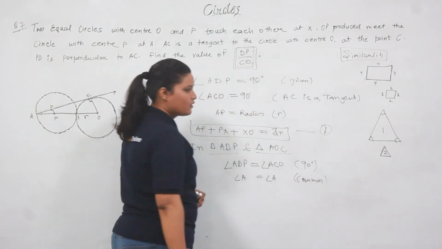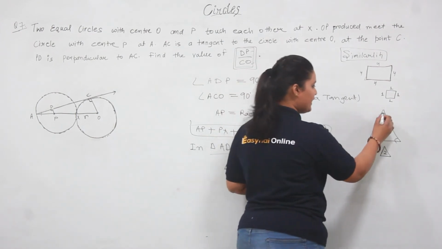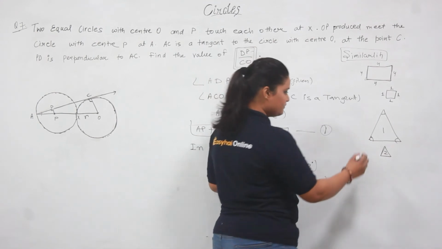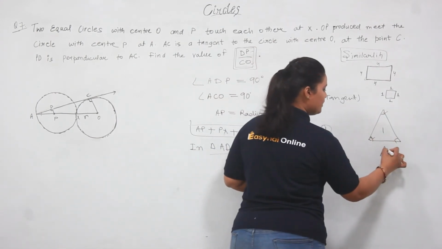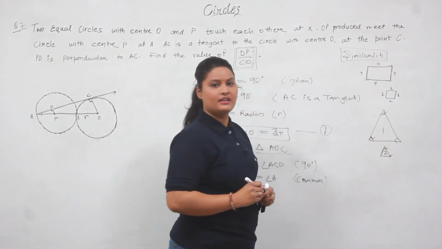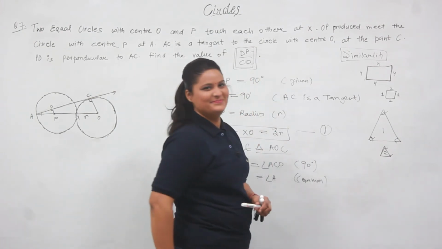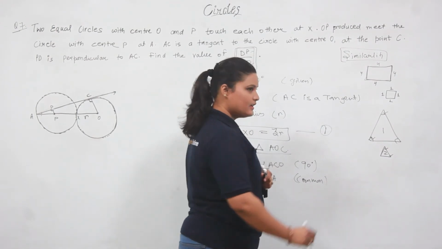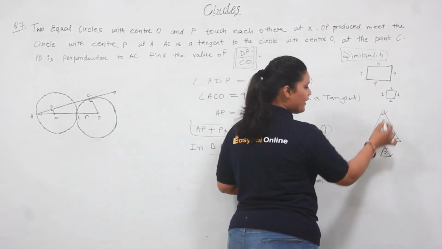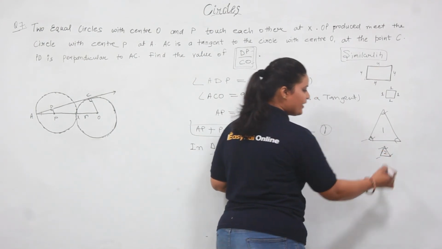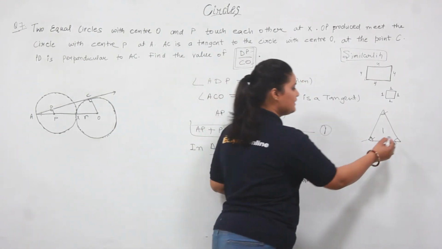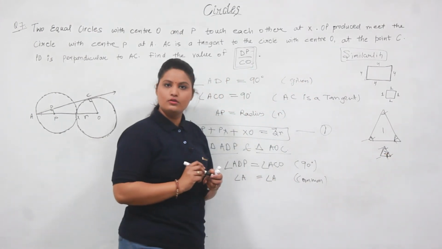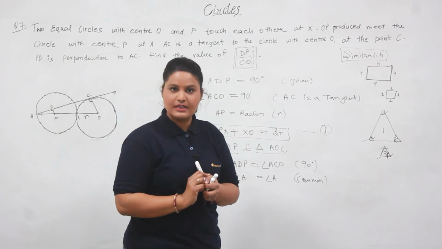Similarity can be proved if I prove that the angles are equal to the angles of the other triangle. If any two angles are equal to any two angles of the other triangle, then I can say that the third one is also equal, because both triangles follow the angle sum property of the triangle, right?